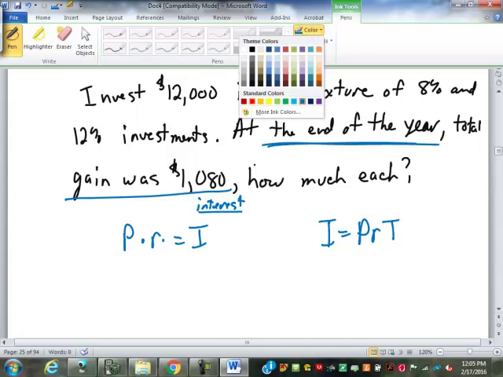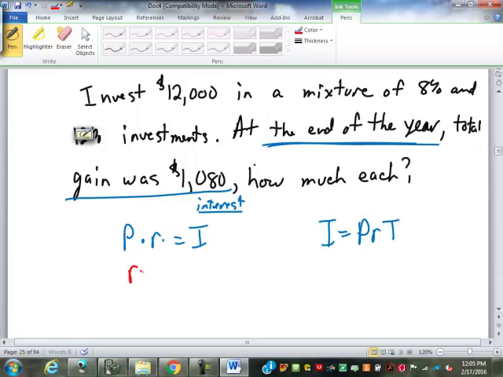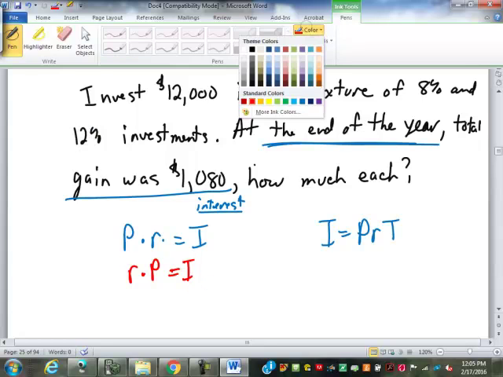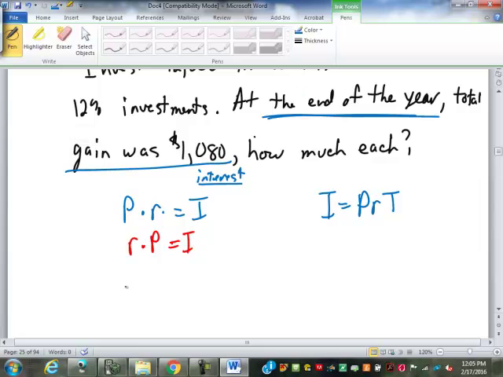And I'm going to adjust that to fit more towards our model from our solutions as rate times principal equals the interest. So just like with our mixture problems or solution problems, we have two ingredients. We have 8%. We're combining that with 12%. And in this case, we're getting just a dollar amount of $1,080.